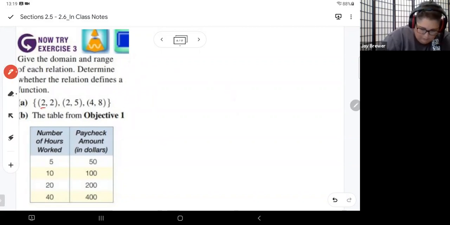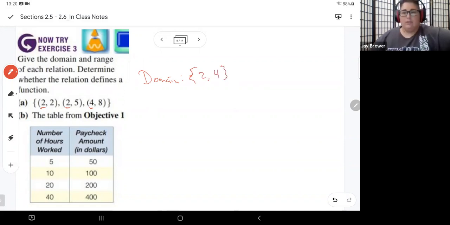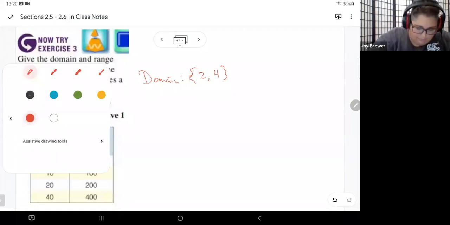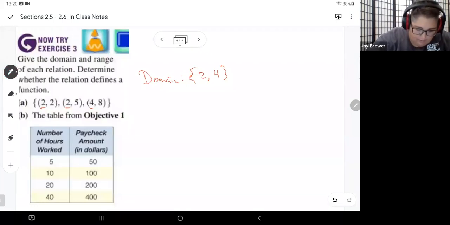So you have a 2, and a 4. So you could say 2, 2, 4, or you could just say 2, 4. Doesn't really matter because the 2 is there twice. Now you want to know your range. So you're looking for your y's.